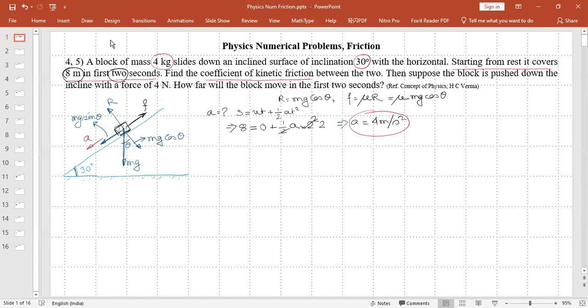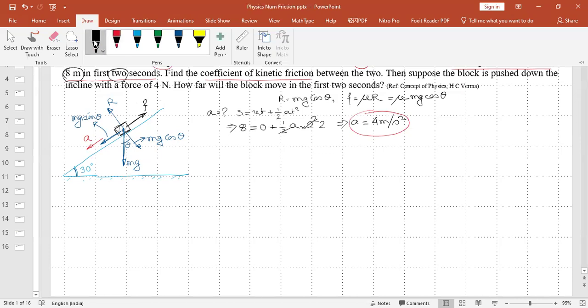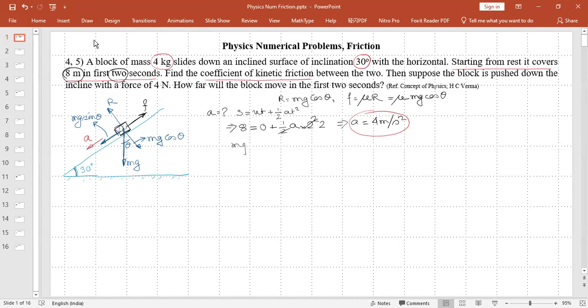Next, the body is moving downward along the slope. What forces act along the slope? The force which is downward along the slope is mg sine theta, that is this force, and the force upward along the slope is F, which is equal to mu mg cos theta.